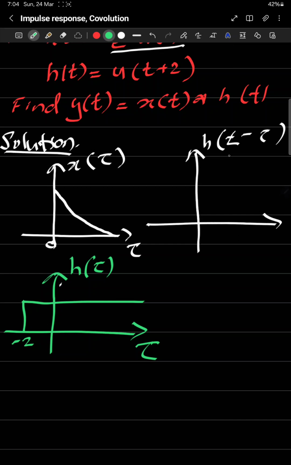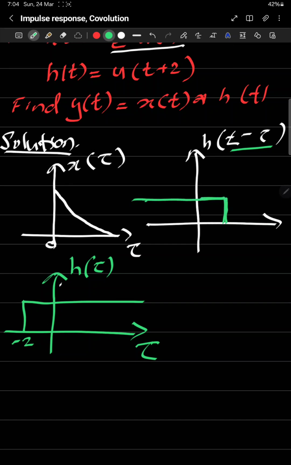What I need is h of t minus tau, right? As we mentioned earlier, h of t minus tau, you can take the minus outside, so this will be h of minus of tau minus t. So you have to perform reversal first. When you perform reversal, the signal will be like this.